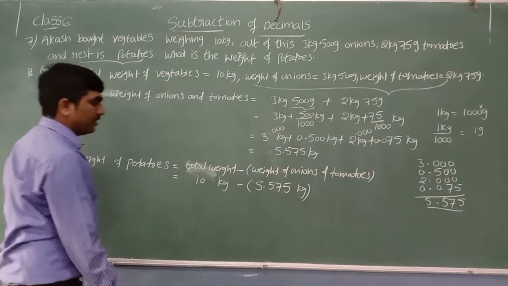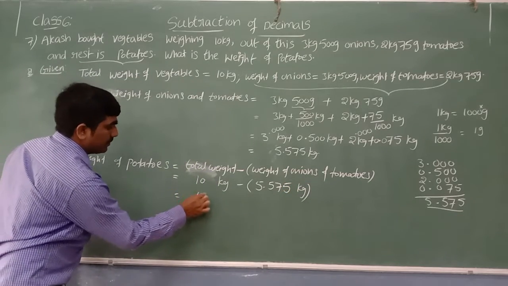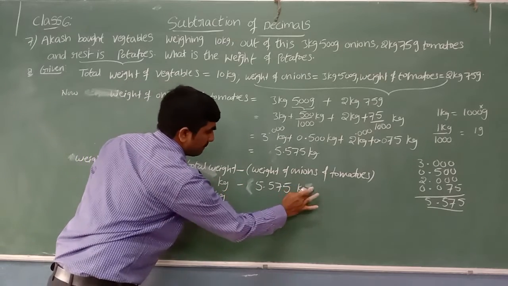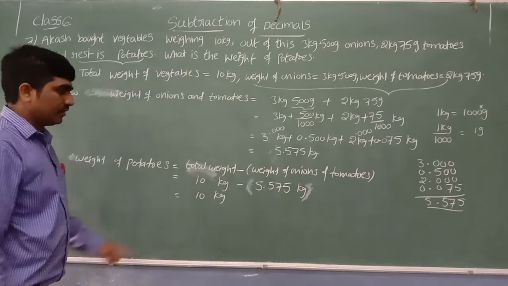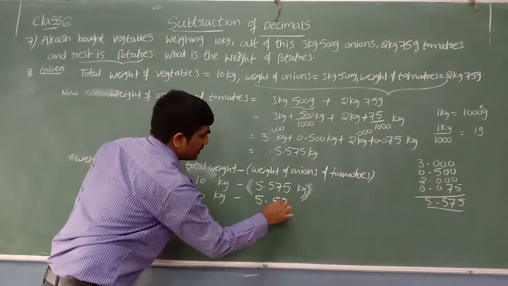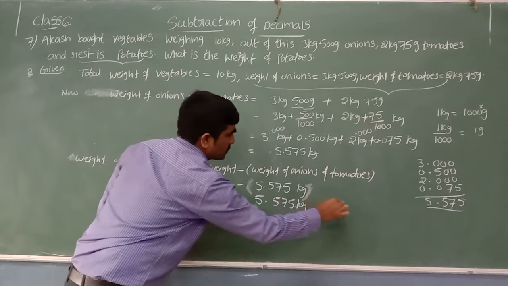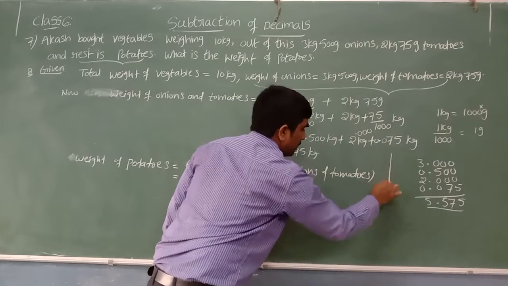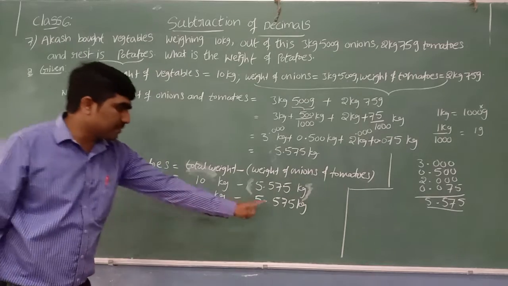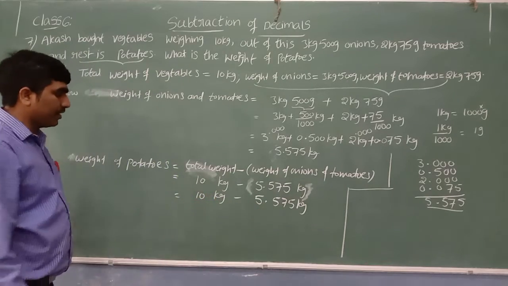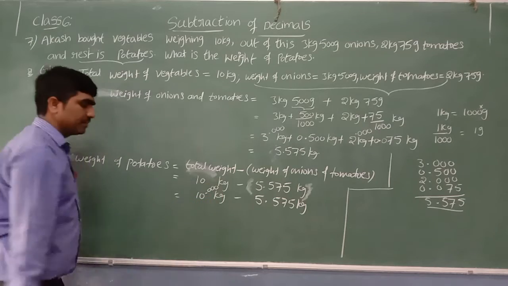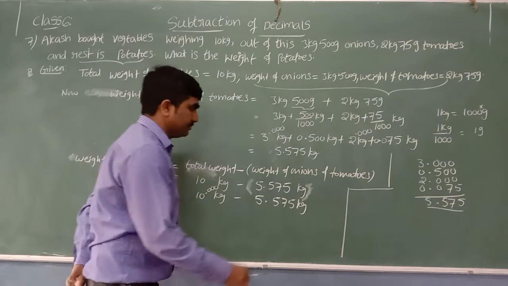Now these both I want to subtract: 10 kg minus 5.575 kg. So not only for addition, even for subtraction we need like decimals. Here 3 decimal places, here no decimal point. Here also we take a decimal point and make it 3 decimal places. Now these both we need to subtract.